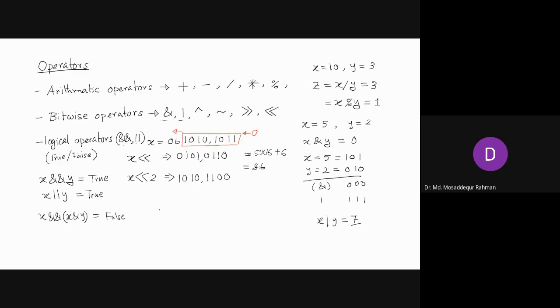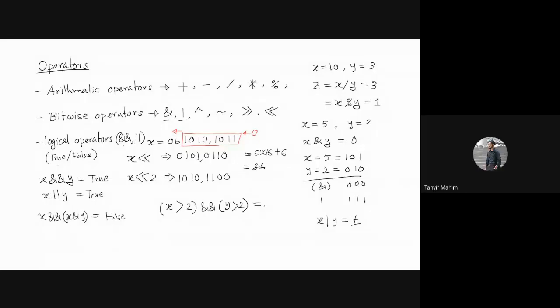Instead of just x and y, if we use a condition like this, if x is 5, so if x is greater than 2, this is one condition, and y is greater than 2, this is another condition. So this will be true if both are true, right? And what will be the output in this case? True.